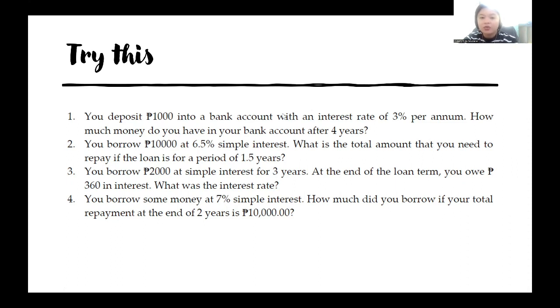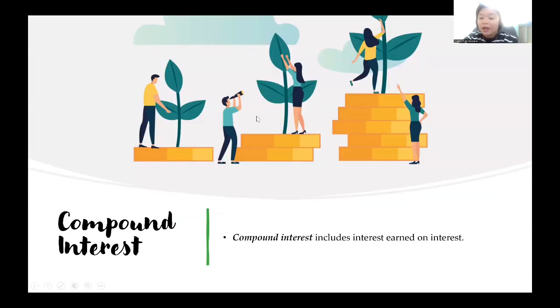Now, let's proceed to compound interest. Similar to simple interest, it just has an additional rule. Compound interest includes interest earned on interest.